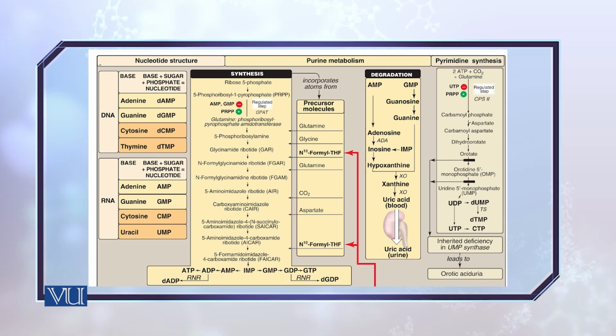You know that there are two major nucleic acid molecules, DNA and RNA. The nucleotides of DNA are adenine, guanine, cytosine, and thymine, while in the case of RNA, that is adenine, guanine, cytosine, and uracil. So RNA has uracil in place of thymine. This is not new for you.